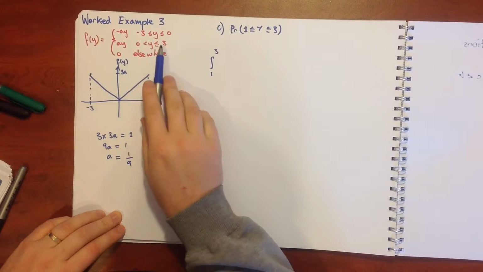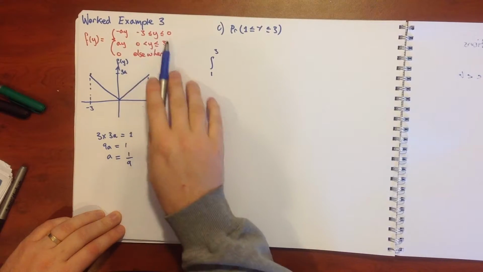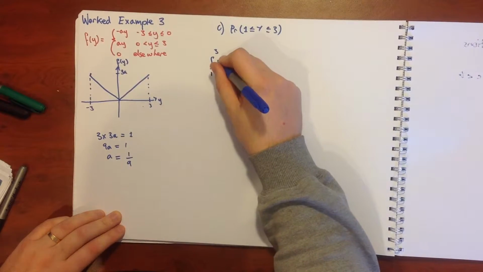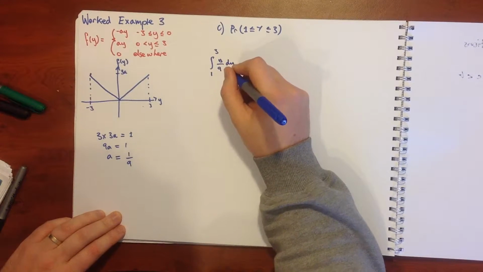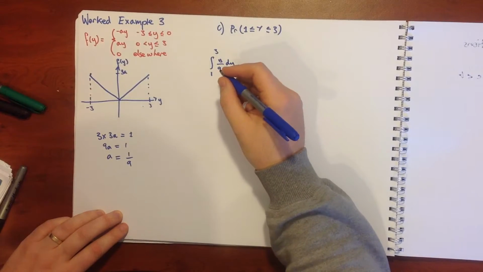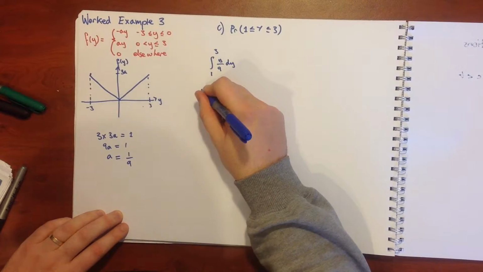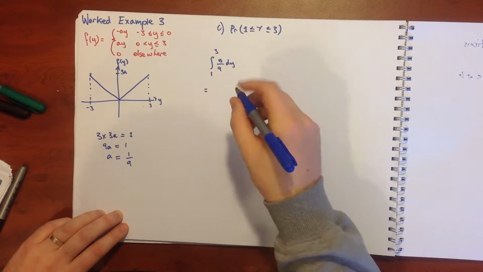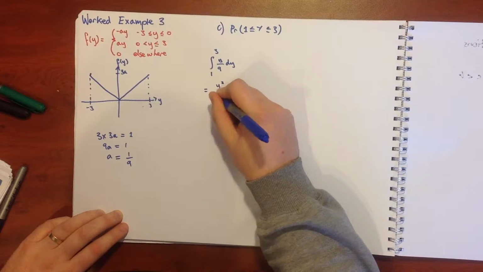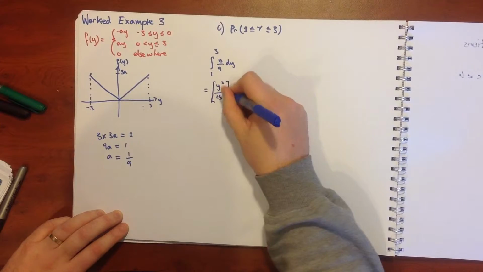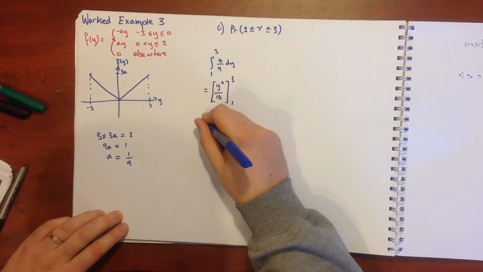We need to think, well, we're in this part of our equation here. So it's going to be y on 9 dy, which means when we do that, we get y squared on 18 evaluated between 3 and 1.